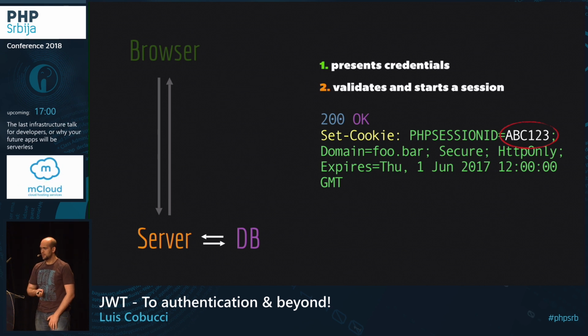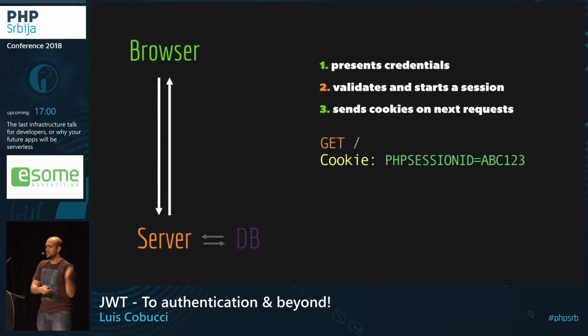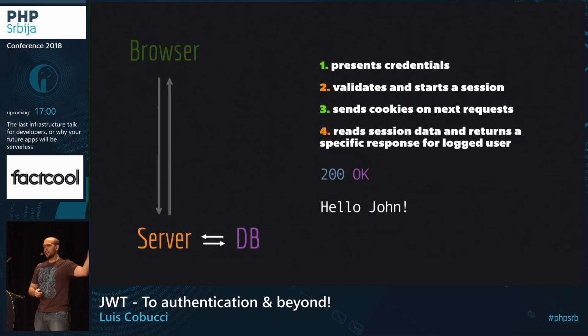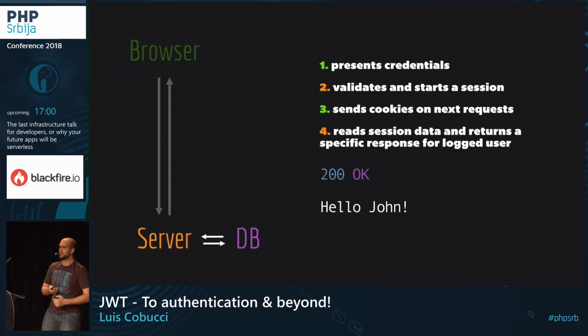This is a token. It identifies the session that you're handling on the server side and gives you something to send on the next request. So when you're sending the next request, you say, this cookie has this value, and this is my token. Therefore, the server knows, hey, you're John. Hello, John.